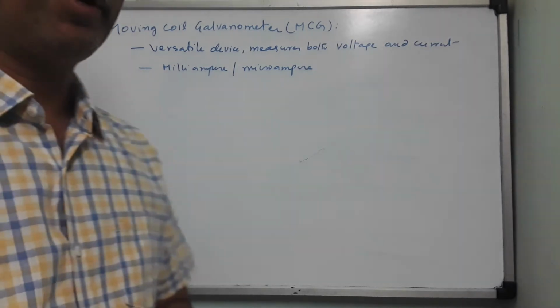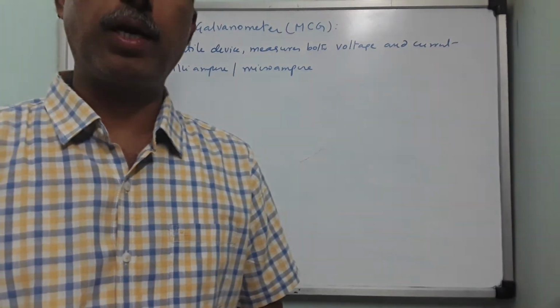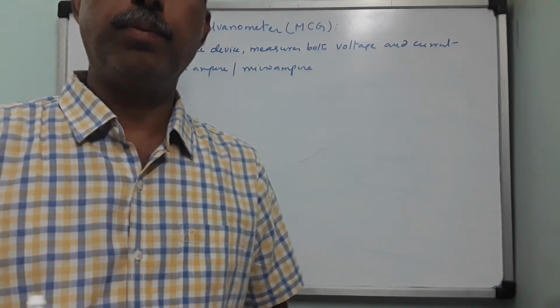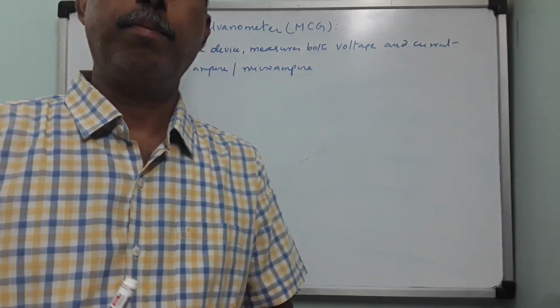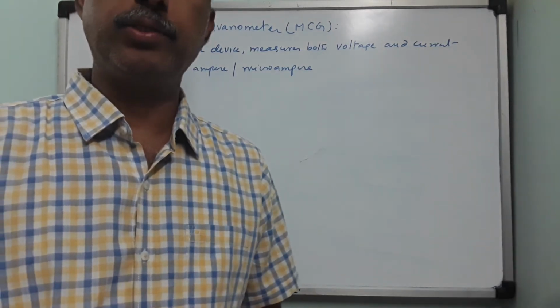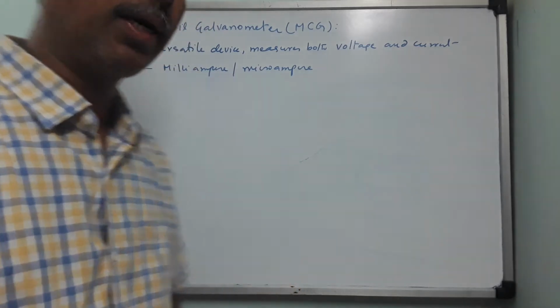Now, what is the principle on which the MCG works? Very simple. A current carrying coil placed in a magnetic field experiences a torque. The torque we calculated in the last class.